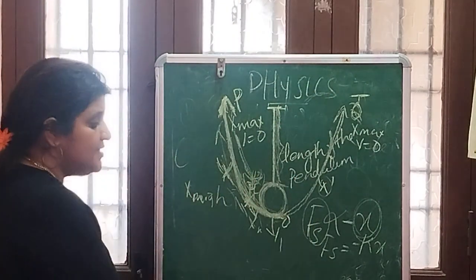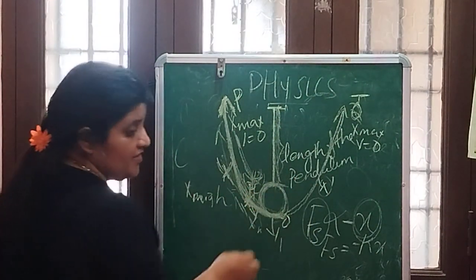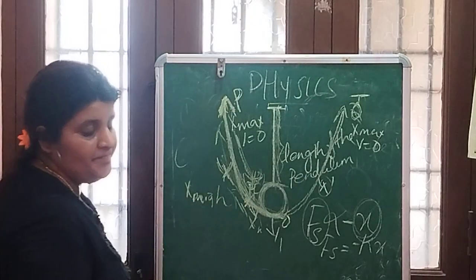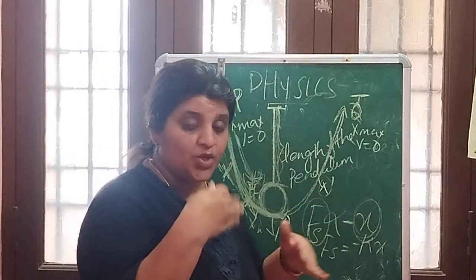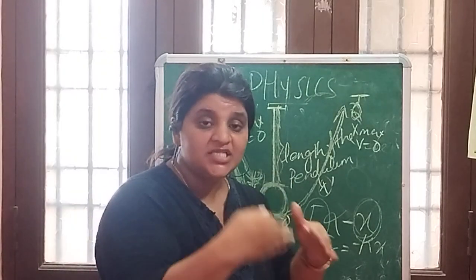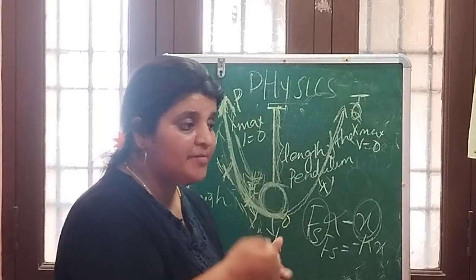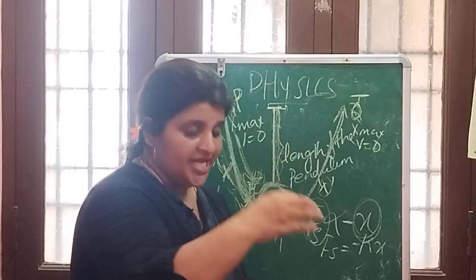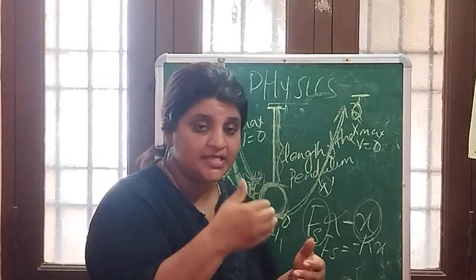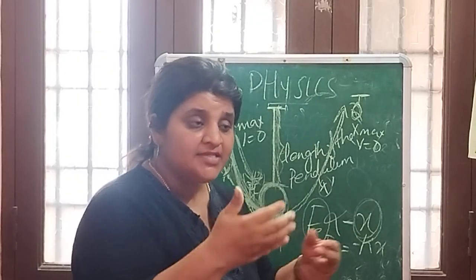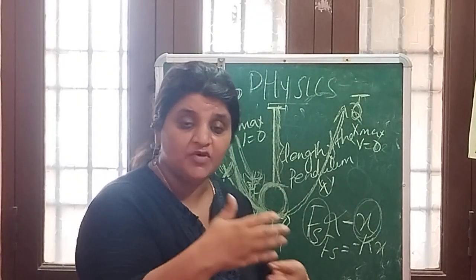The third property is that this oscillating bob is always affected by the property called inertia. Inertia is the property of a body to oppose a change of state. If a body is in a state of rest, it has a tendency to continue in its state of rest. If a body is in a state of motion, it has a tendency to continue in its state of motion.